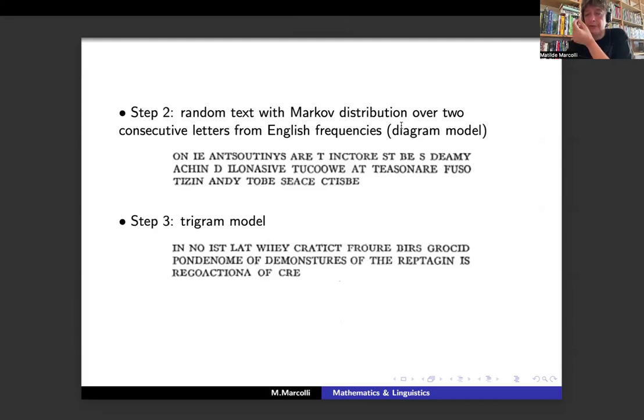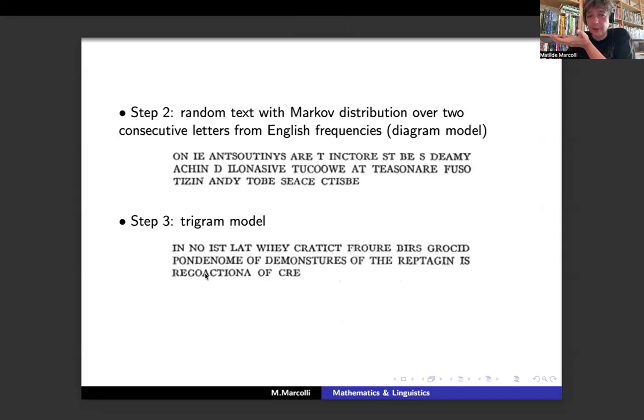But now, if you look at the distribution of two consecutive letters, and you consider a digram model, you start to get something that again does not look like English text, but sort of has more of a feel of something that might.